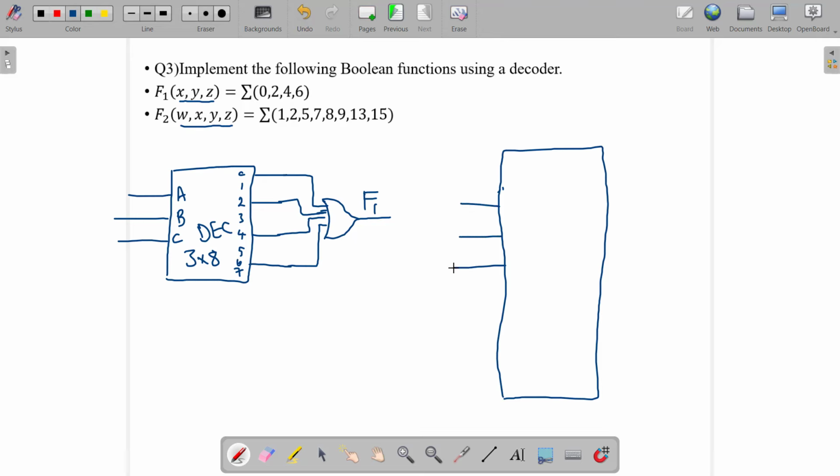A, B, C, and D, or here it is W, X, Y, Z. So we have the 0, 1, 2, 3, 4, 5, 6 up to the 15. Now again, similarly, we can find this one too by connecting the min terms to the output of the decoder.